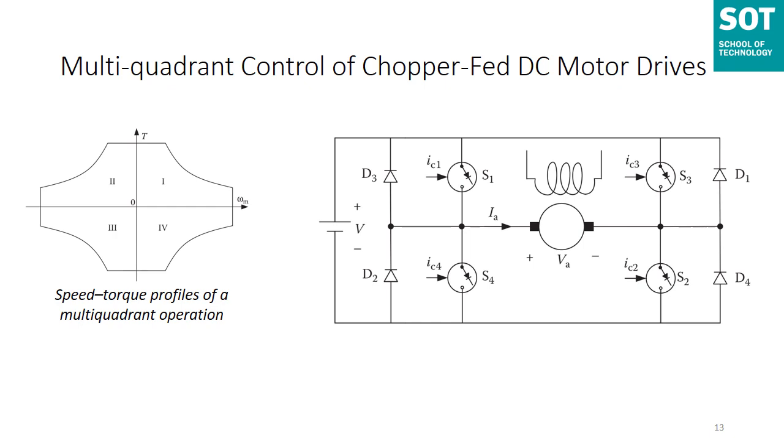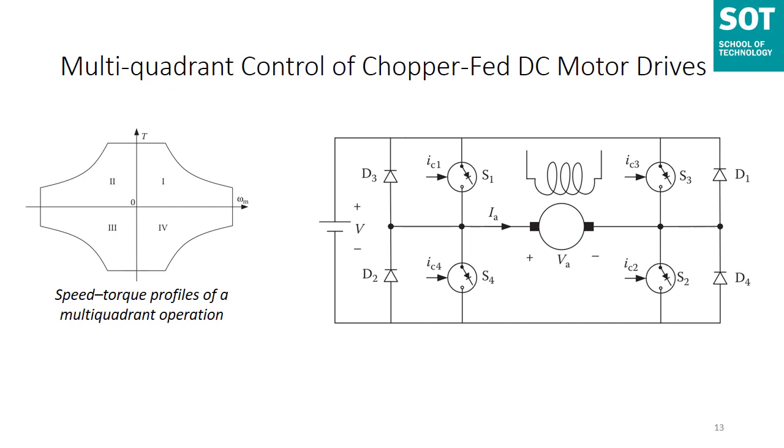We will obtain a positive terminal voltage. Please be attentive here: if we are obtaining a positive terminal voltage, it means we are obtaining positive speed. And if we are obtaining positive armature current, that means we are obtaining positive torque.